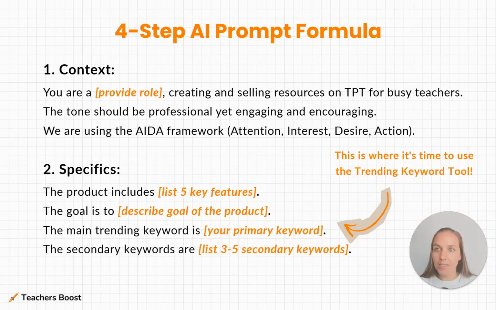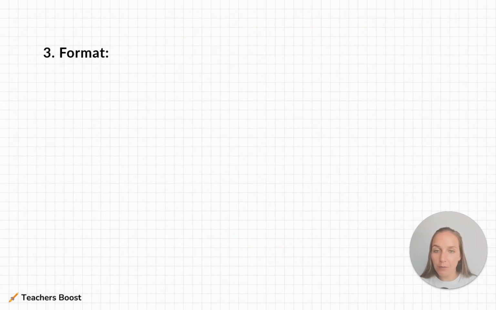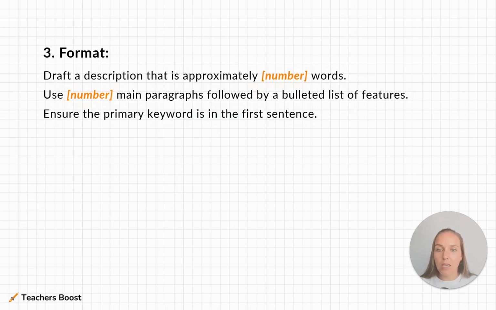Okay, so next up we have the length and format of your product description. This is where we have to tell the AI exactly how to format the output so that it's ready for TPT. Again, this will be subjective to how you like your formatting to be, but just some guidelines. I would say draft a description that is between X and X number of words.